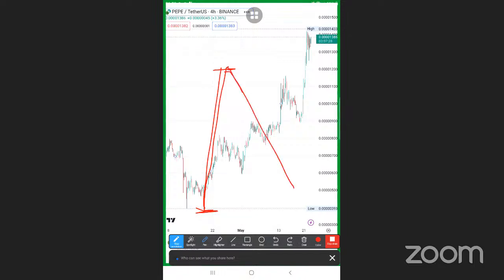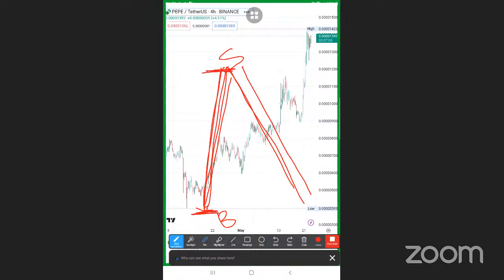Sellers do the opposite of the buyers. There should be buyers pushing the price to the top and sellers pushing the price to the bottom. So buyers open from the bottom and close at the top; sellers open from the top and close at the bottom.